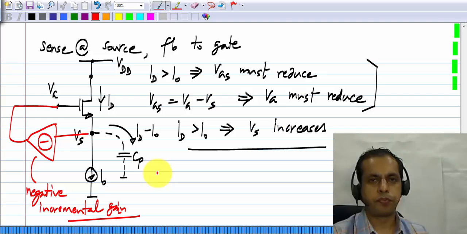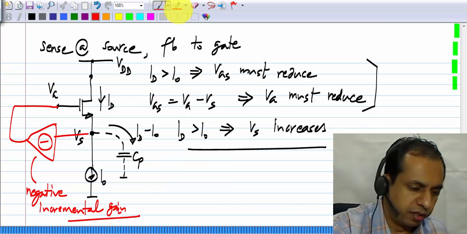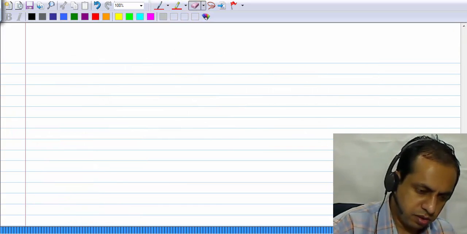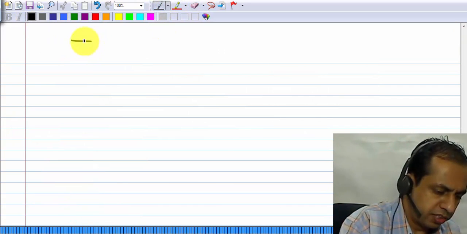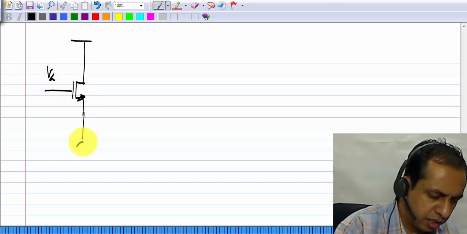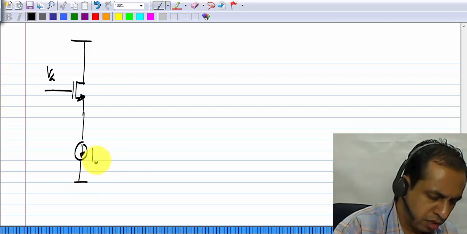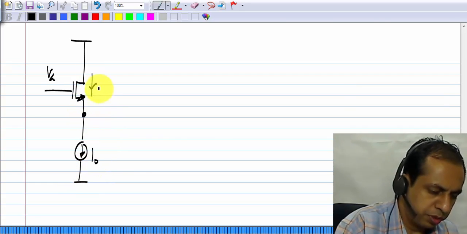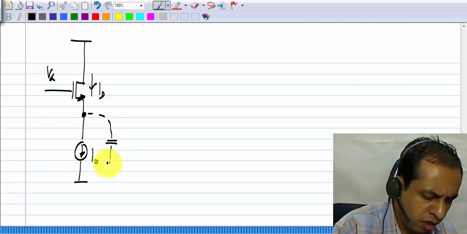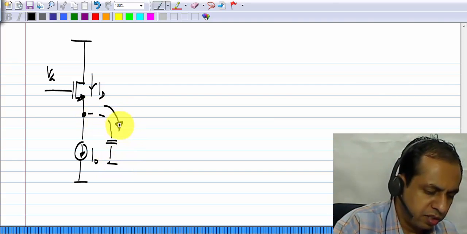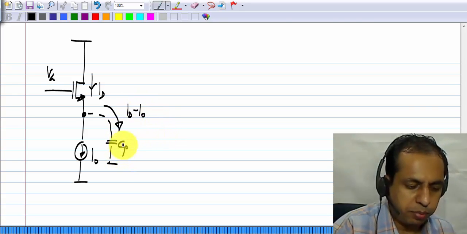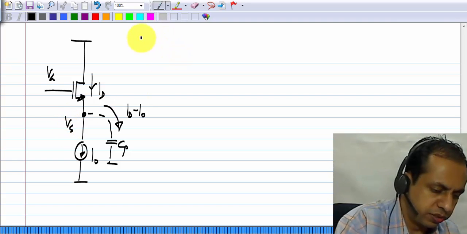Now, one thing you observe here is that, from our earlier discussion, this is Vg and I connect I0 to the source terminal, and there is the actual drain current ID. If ID is greater than I0, ID minus I0 flows in this direction into the capacitor and raises the source voltage.